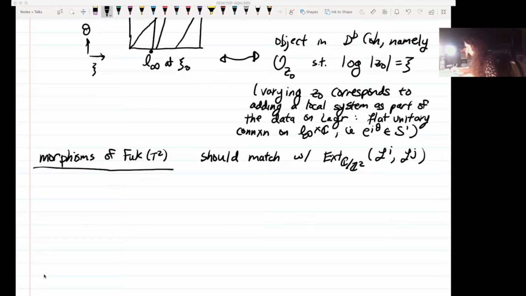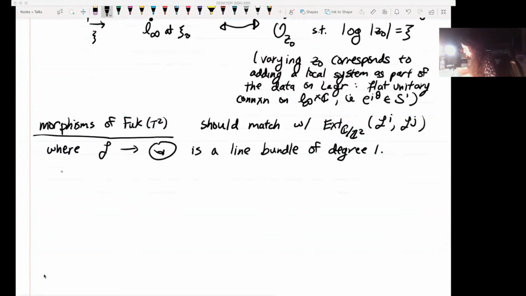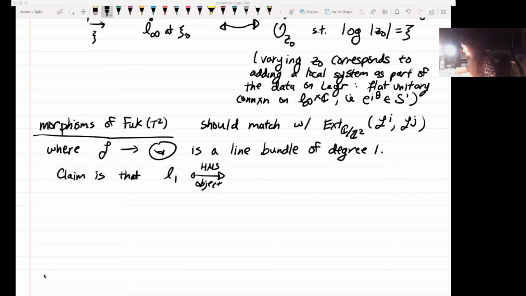In particular, this line bundle L is that on the elliptic curve of degree 1. And so the claim is that a slope 1 linear Lagrangian corresponds, under homological mirror symmetry on objects, to this line bundle of degree 1.